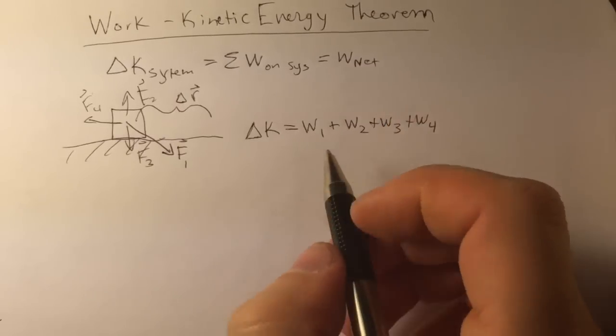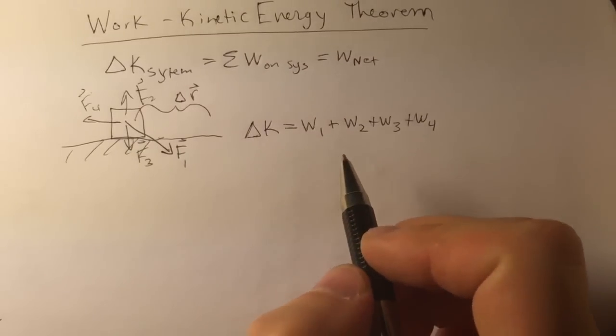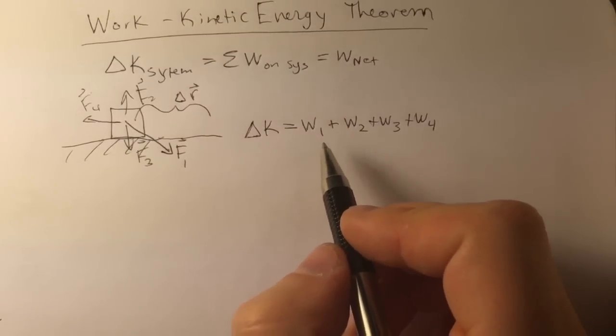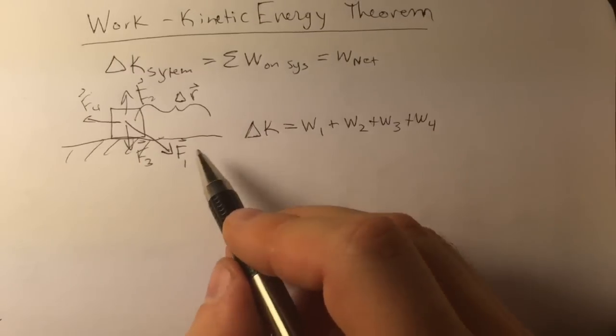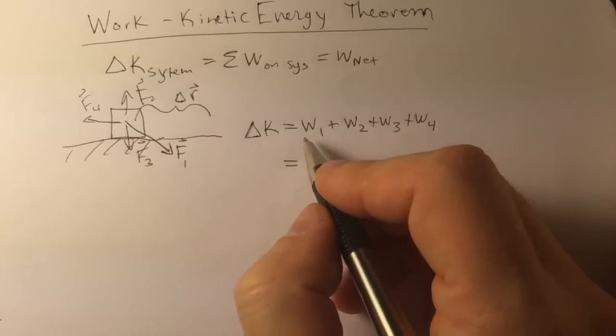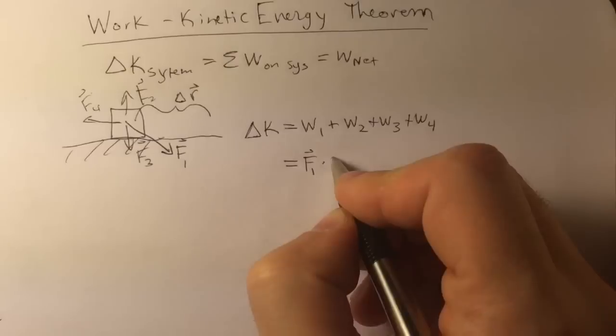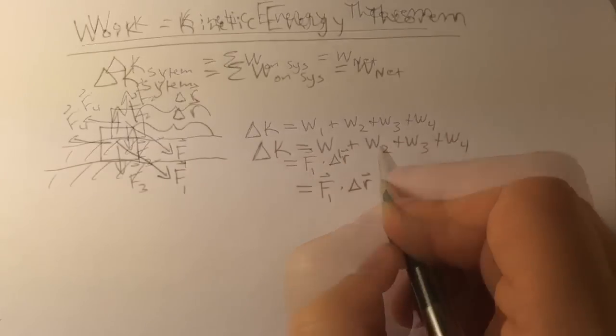And so, as it was said in class, what this theorem does is it connects our energy and forces. So we can actually write each of these works as a dot product of the force times this displacement.